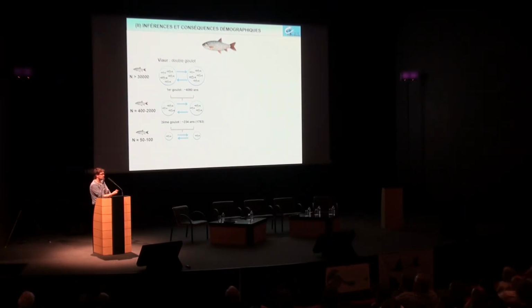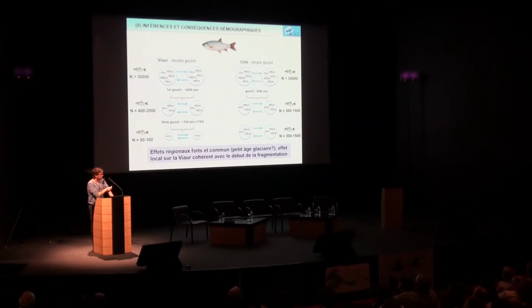This bottleneck reduced the population a little bit. This population had a second bottleneck 200 or 300 years ago, and it reduced the population to 50 to 100 spawners.